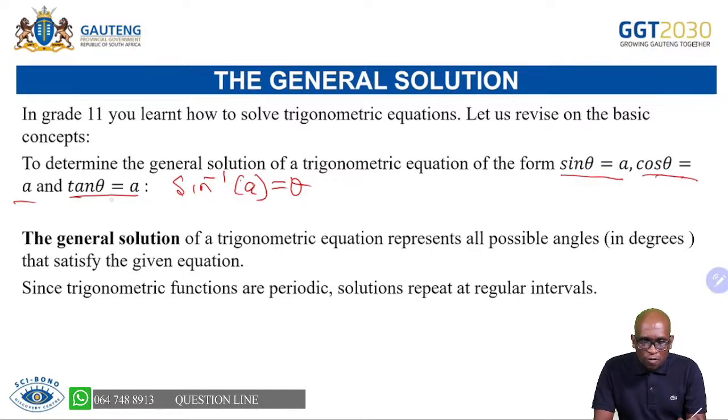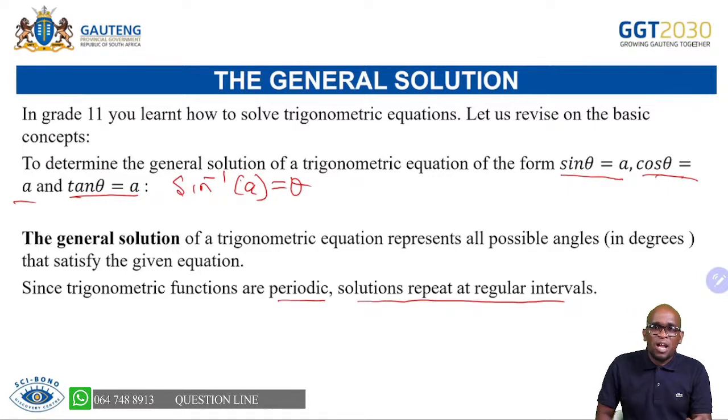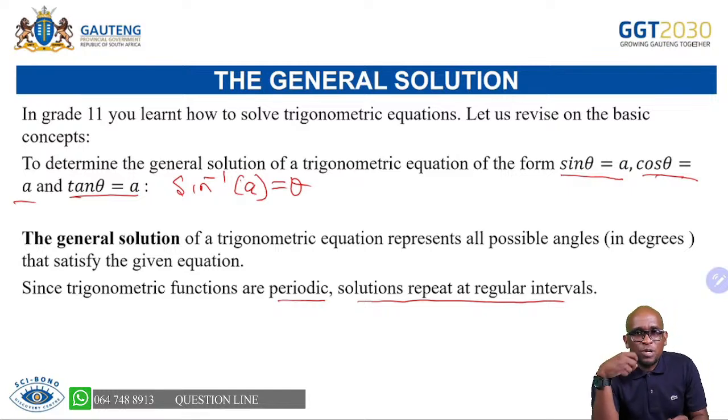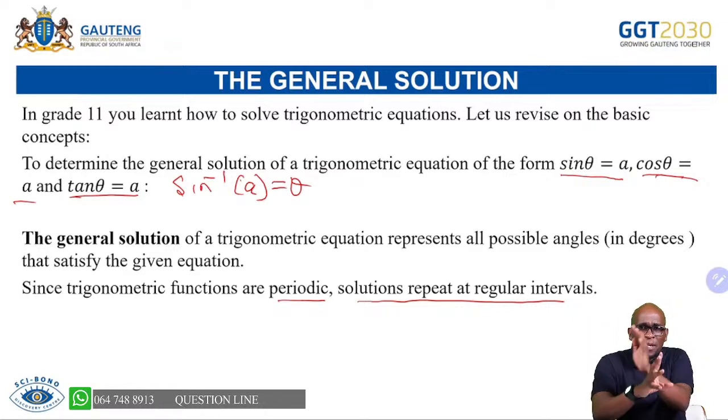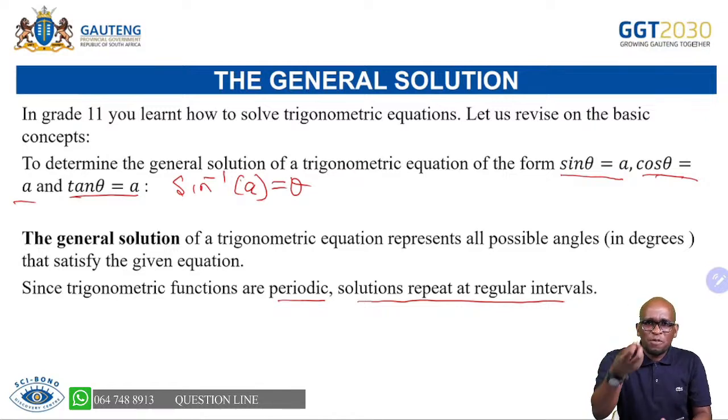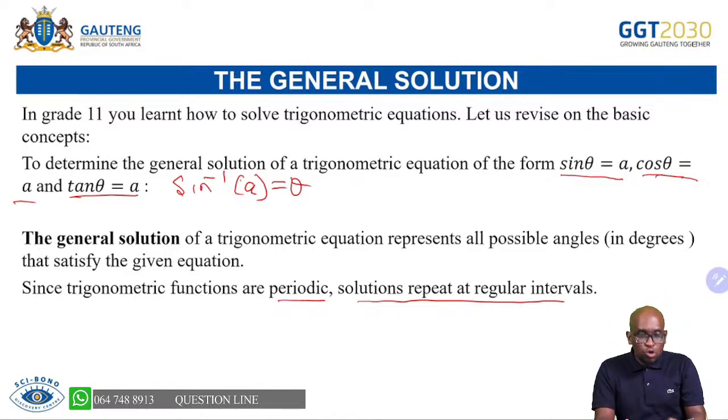The general solution of a trig equation represents all possible angles in degrees that satisfy the given equation. Since trig functions are periodic, solutions repeat at regular intervals. You will see when we do our trig functions how these points of intersection repeat themselves at regular intervals, and those regularities can be simplified in terms of the general solutions.